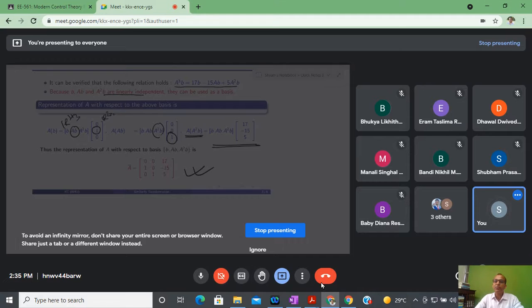So what we found in today's lecture is that whatever techniques we learned in the previous class: vector space, subspace, linear combination, spanning set, basis, dimension. Using the help of those, we have solved two different problems associated with the linear system.